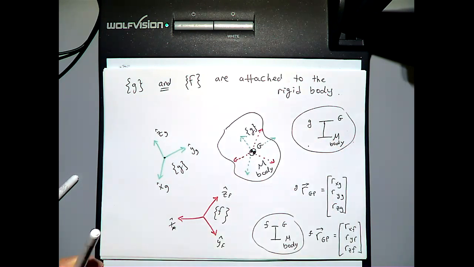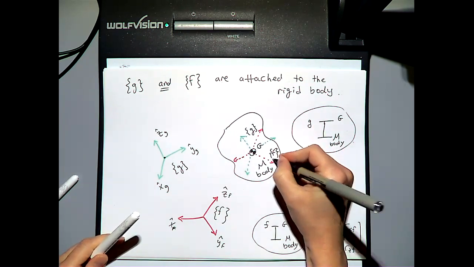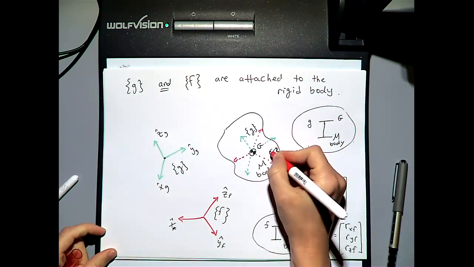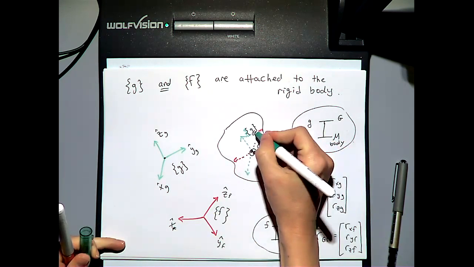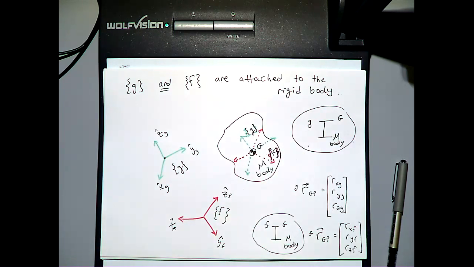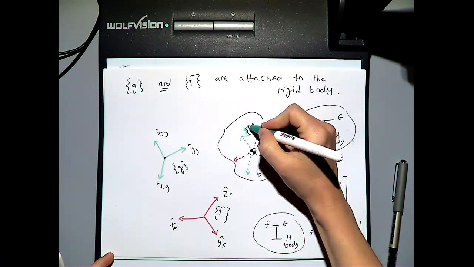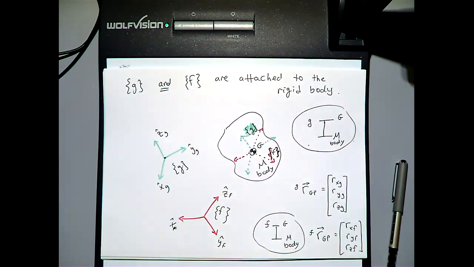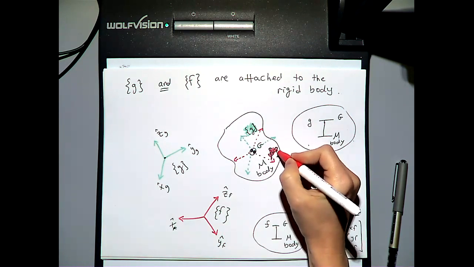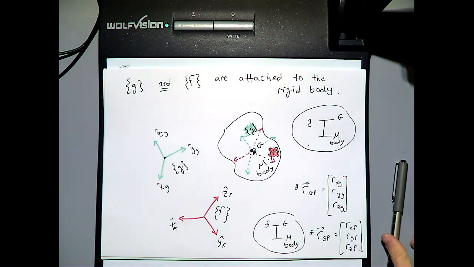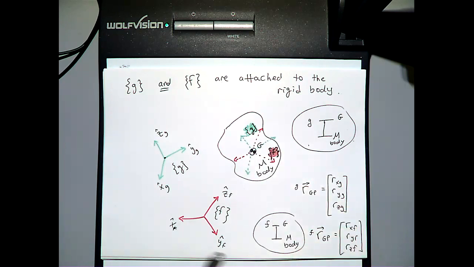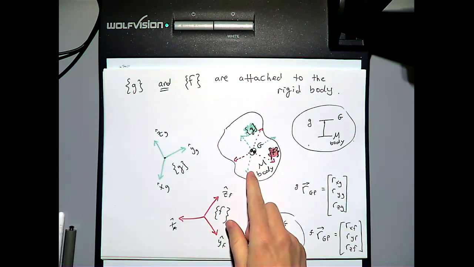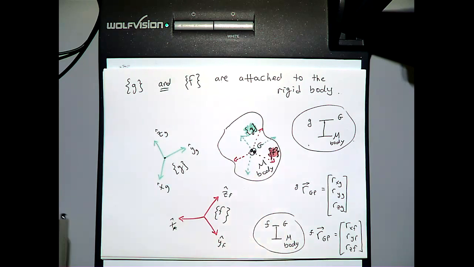So that would be F. So I just copied it so that it is easy for you to visualize the projections of the vector GP.